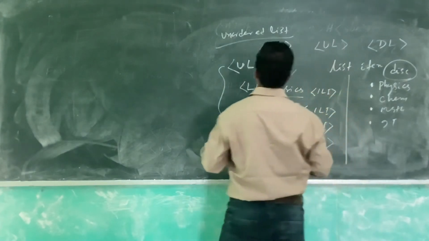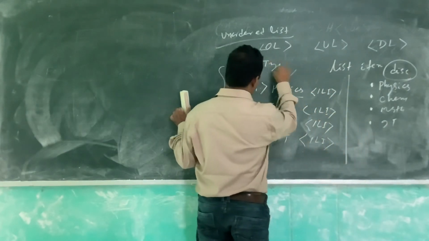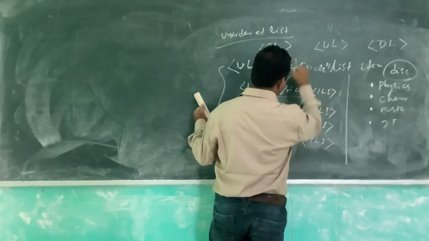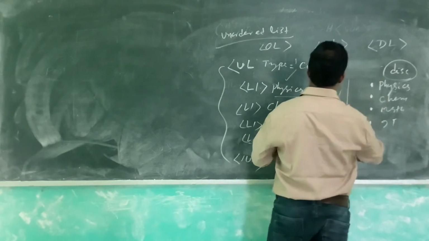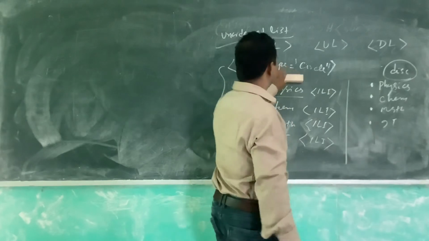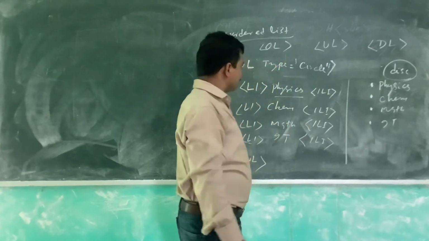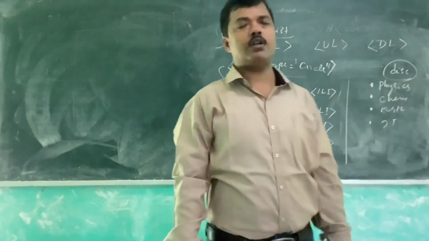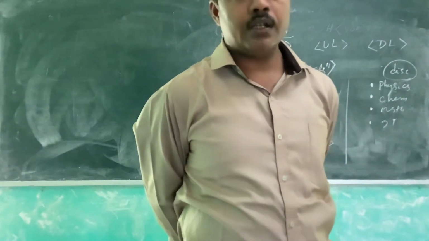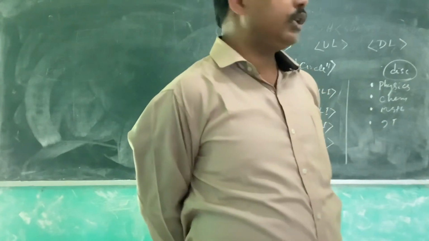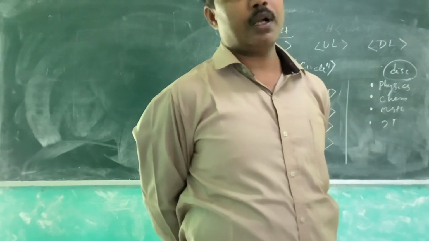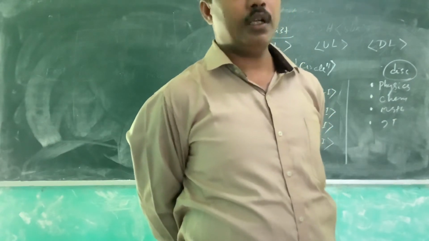You will type type equal to circle. Then close the tag here. Opening tag. I have already told you the attributes and their values of a tag are written only in the starting or beginning part of a tag, not in the ending tag.